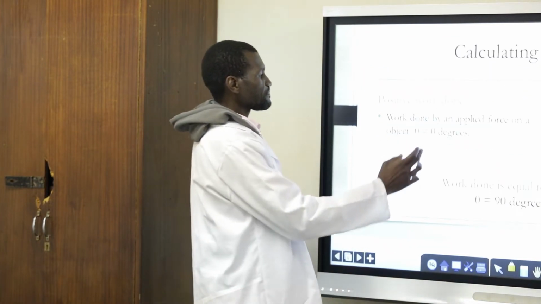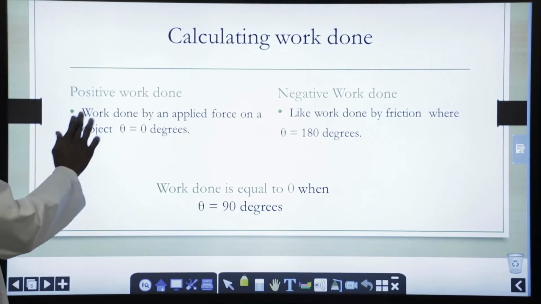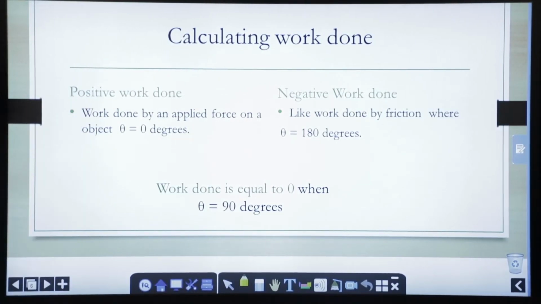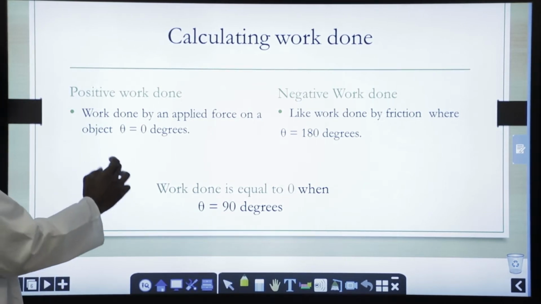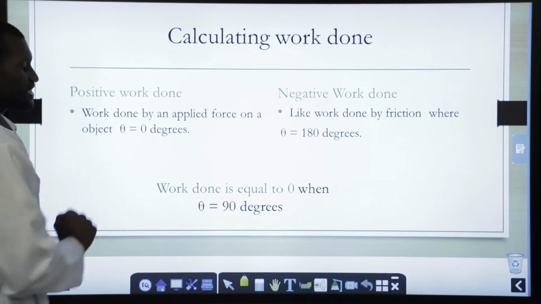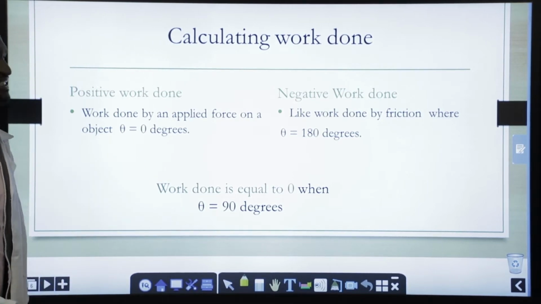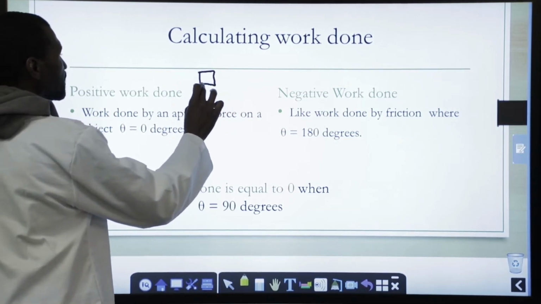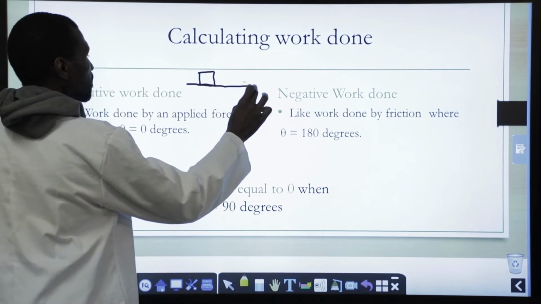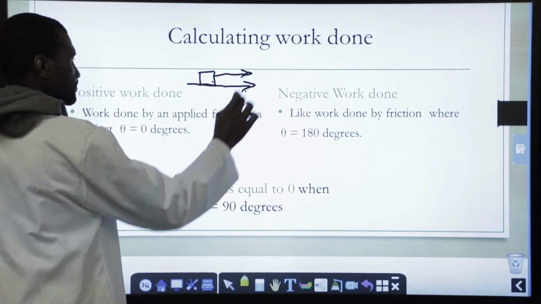Having said that, when we are calculating work done, we will come up with positive work done by an applied force on an object when theta is equal to 0 degrees. We have already explained what theta is. Theta is the angle between the direction and the applied force.